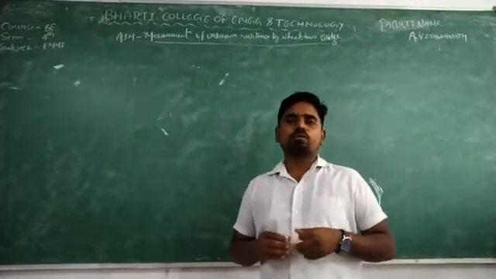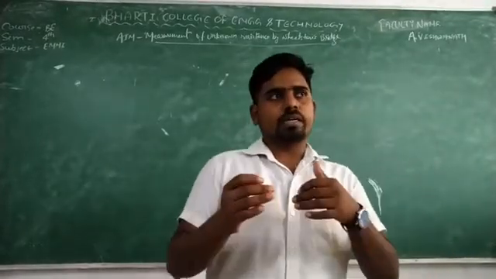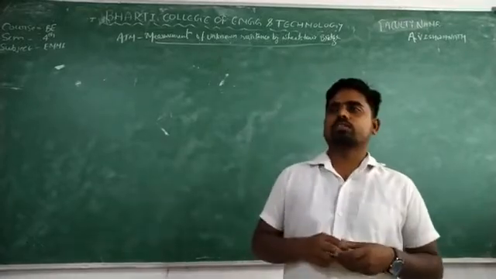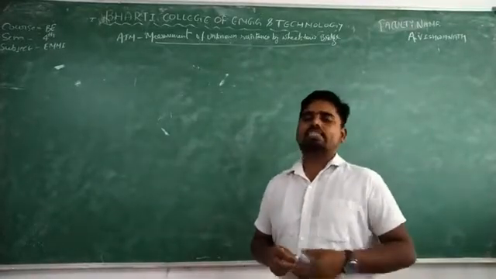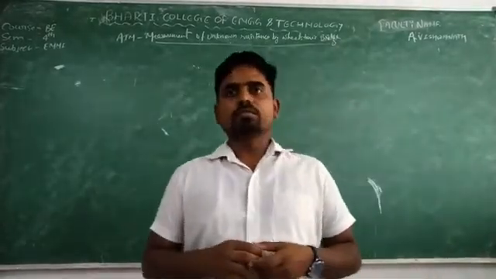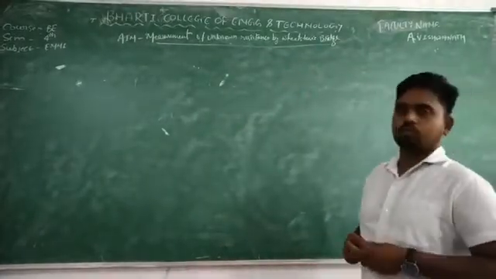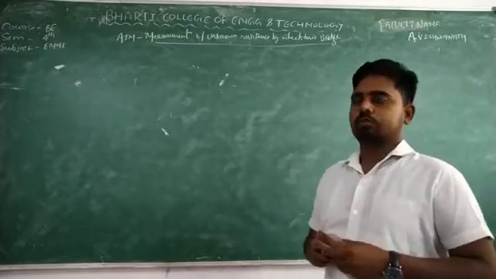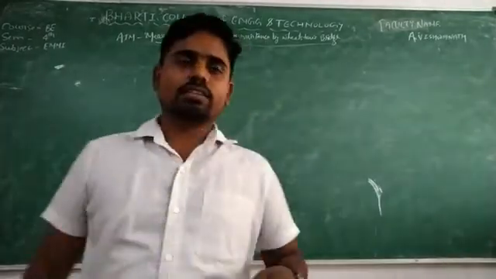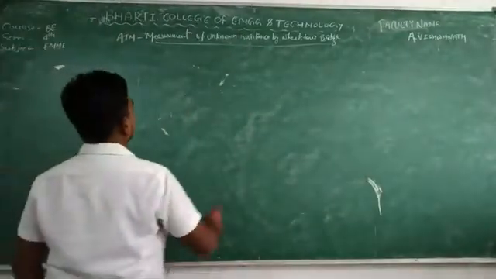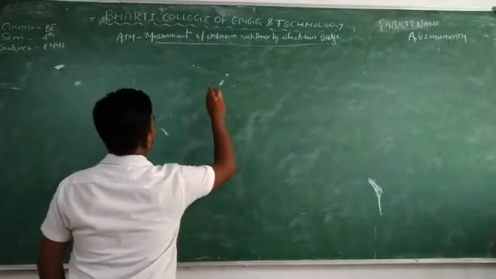Because of this we prefer Wheatstone bridge, because the reading will be a more precise value. So let us see the circuit diagram of Wheatstone bridge. In this bridge we have 4 arms.